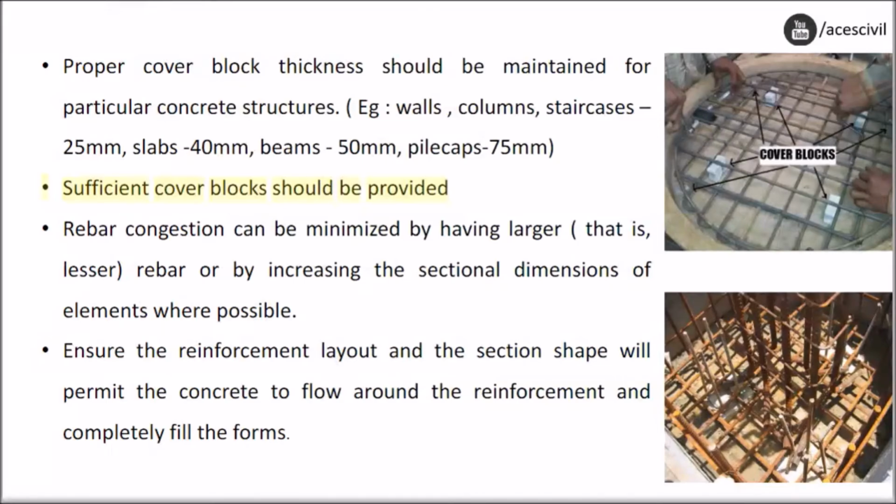Sufficient cover blocks should be provided. Rebar congestion can be minimized by having larger, that is, fewer, rebars or by increasing the sectional dimensions of elements where possible. Ensure the reinforcement layout and the section shape will permit the concrete to flow around the reinforcement and completely fill the forms.